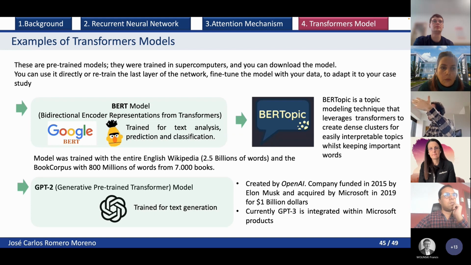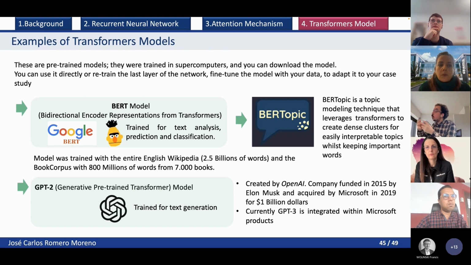For example, if you have a text talking about holidays and vacations, this technique is going to summarize words related to travel in one cluster, words related to food in another, etc.